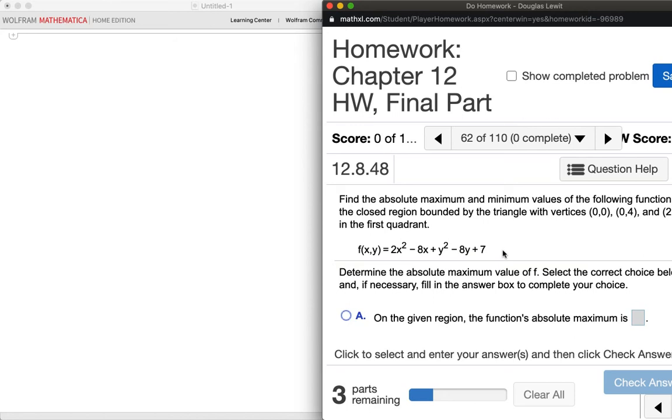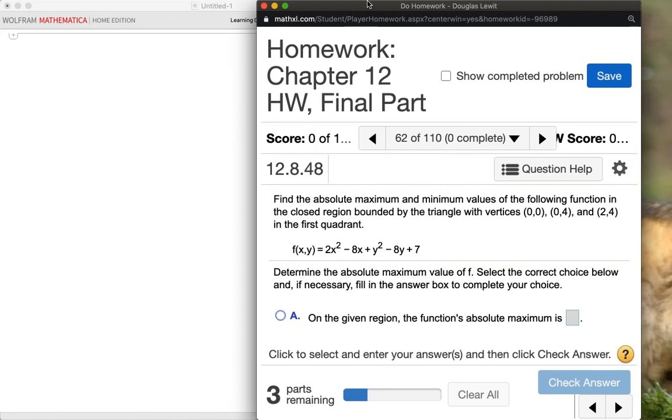maximization or minimization problem. However, there is a little bit of a restriction here. The restriction is that we're looking for maximum and minimum values within a very specific region of the xy plane.